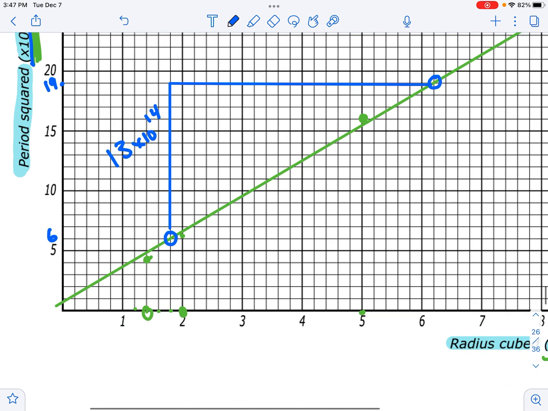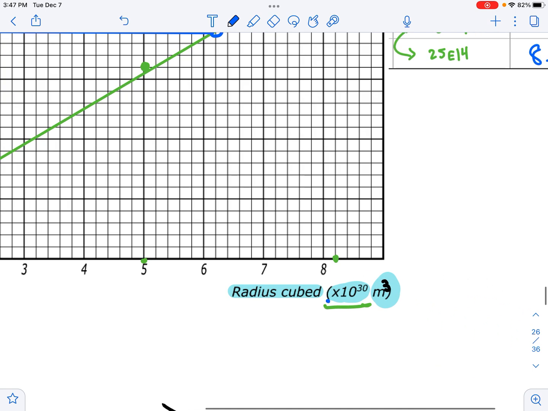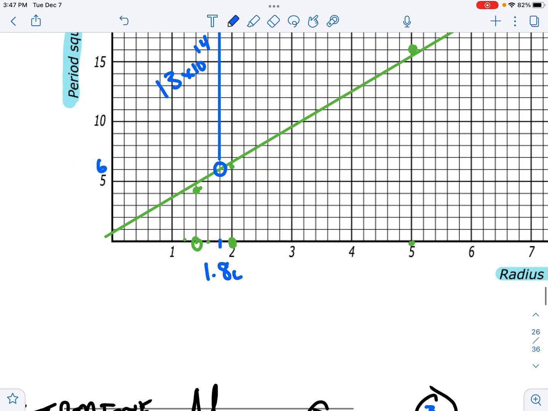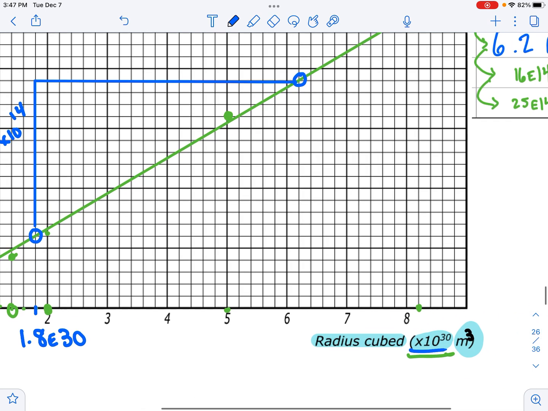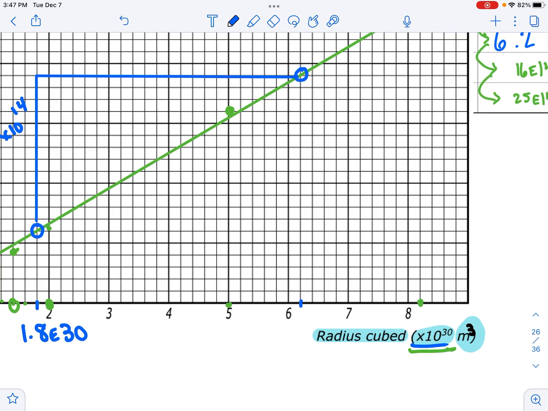I started at 1.8 times 10 to the 30th, and I'm ending at 6.2 times 10 to the 30th.